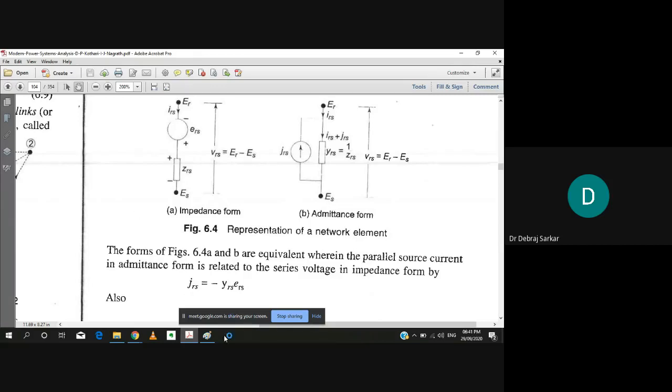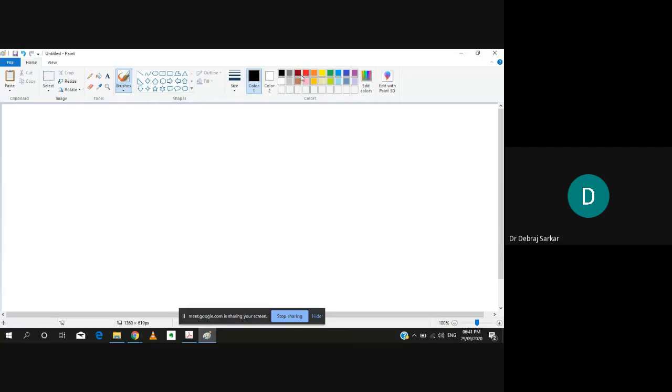How many of you have solved the circuit I have given you, or at least tried? I will do it with you today. The circuit was something like this. We are not going to solve the circuit in the way we usually do.